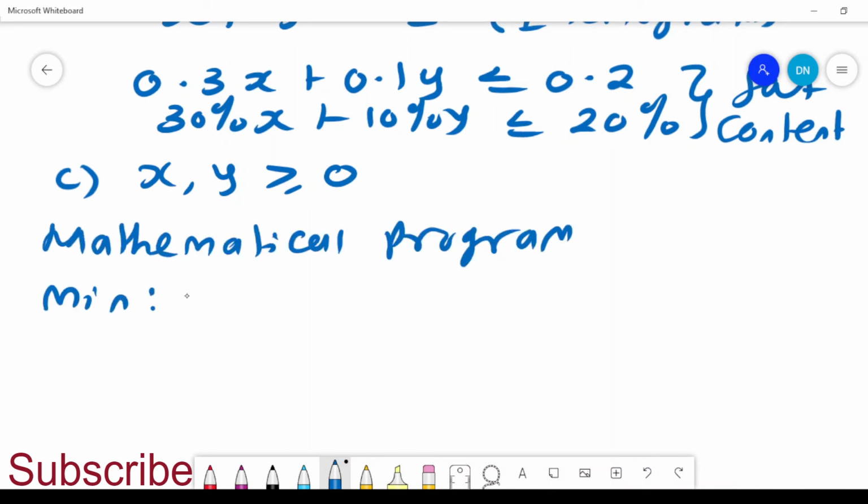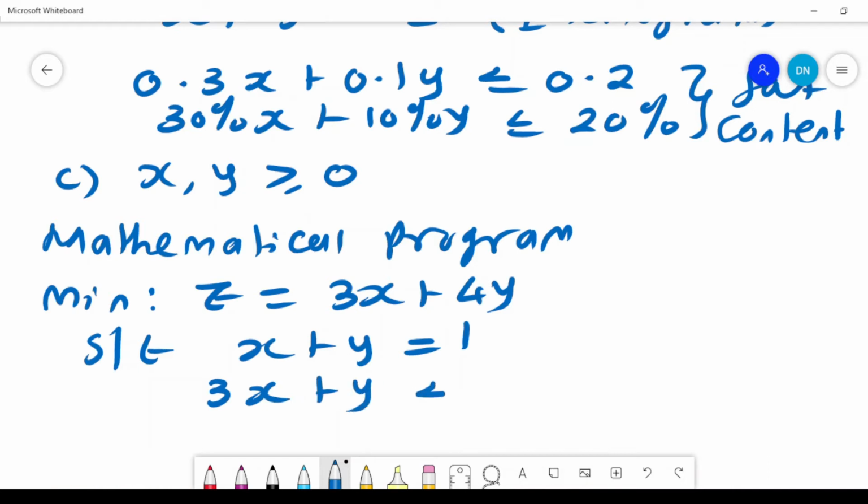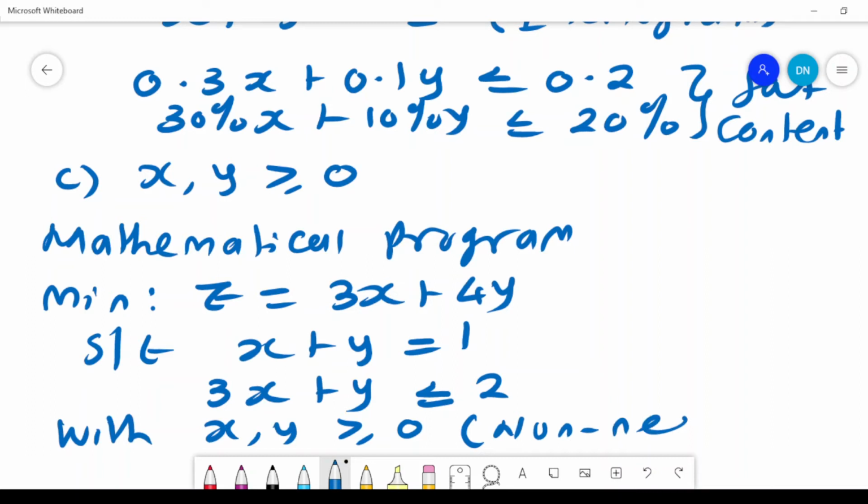Minimize z equals 3x plus 4y, subject to x plus y equals 1. And then if I multiply there by 10, 3x plus y is less than or equal to 2. And the last condition is that x and y should be non-negative. So the quantity should be non-negative, and that's what we have.